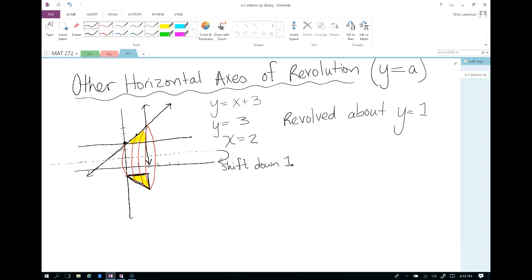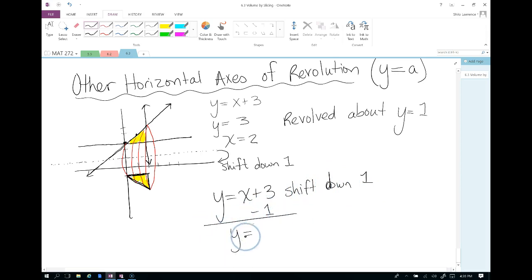Shift everything down 1. And back in algebra, the way that we shift things up and down is we just add or subtract from the functions. Add will shift it up, subtract will shift it down. So technically, my y equals x plus 3, if I shift that down 1, I shift it down 1 by subtracting 1 from it.